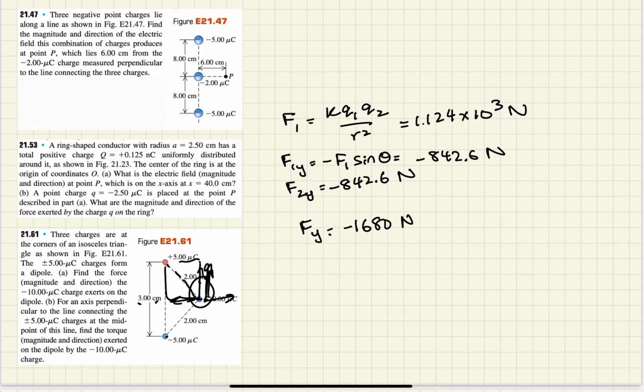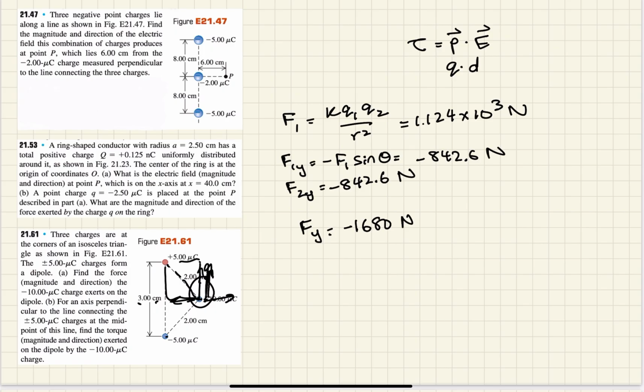So torque we know is the dipole moment times the electric field. In this case we actually don't know the dipole moment, so it won't really be helpful, but we could calculate the dipole moment because it's Q times d. Q we know is 5 microcoulombs, and d is 3 centimeters. So we can do that. And we actually don't know the electric field, which we could calculate.